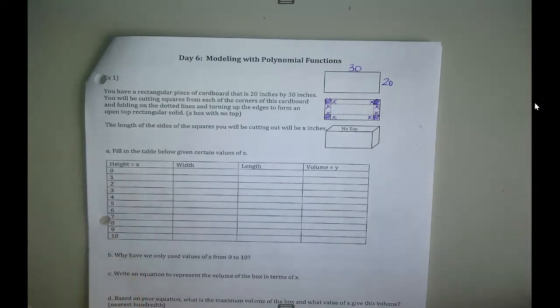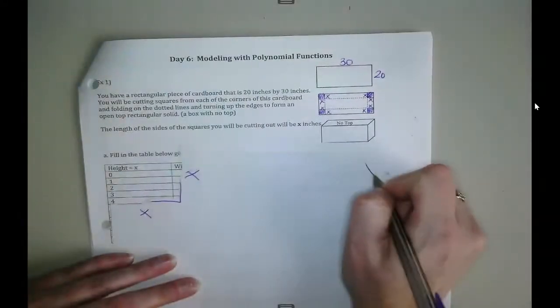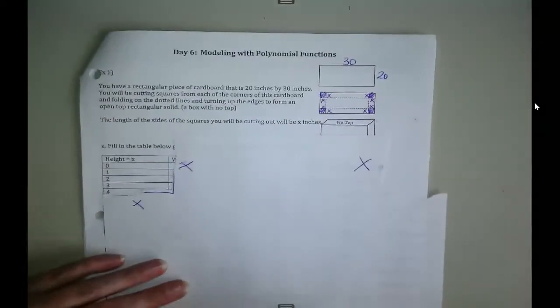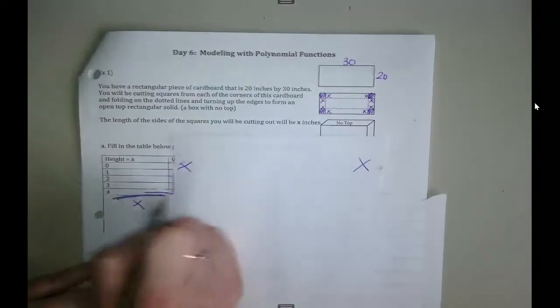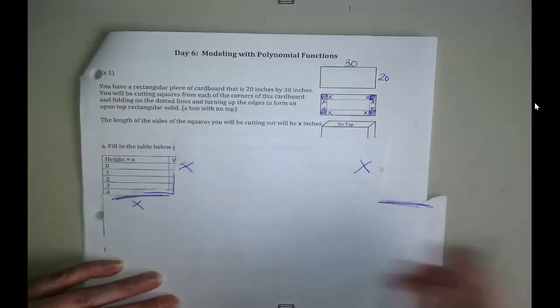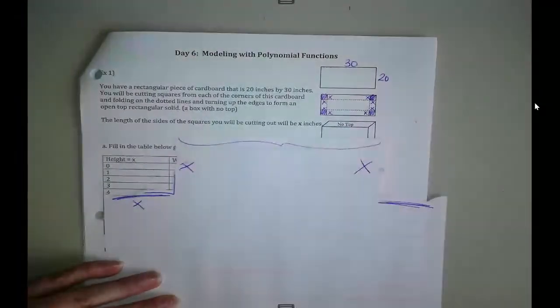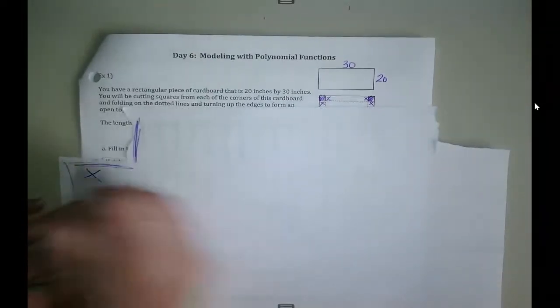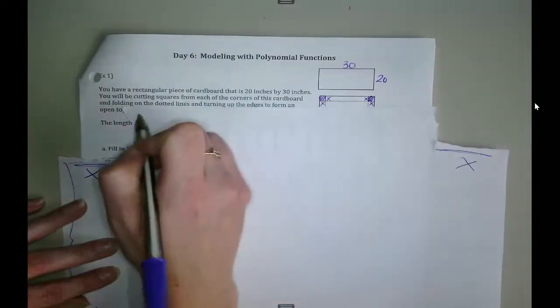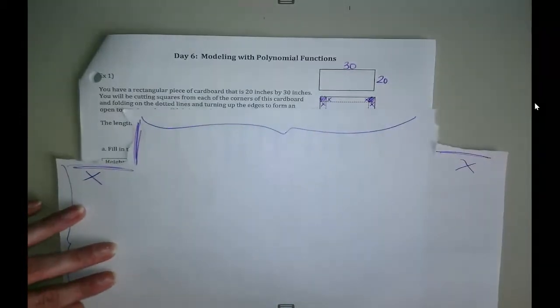So now it looks like a really stretched out cross, essentially. And what I did was I took X away from each side. So what was a length of 20, I now removed X from one side and X from the other side. So what we need to come up with is an expression to represent this flap, and the longer flap.